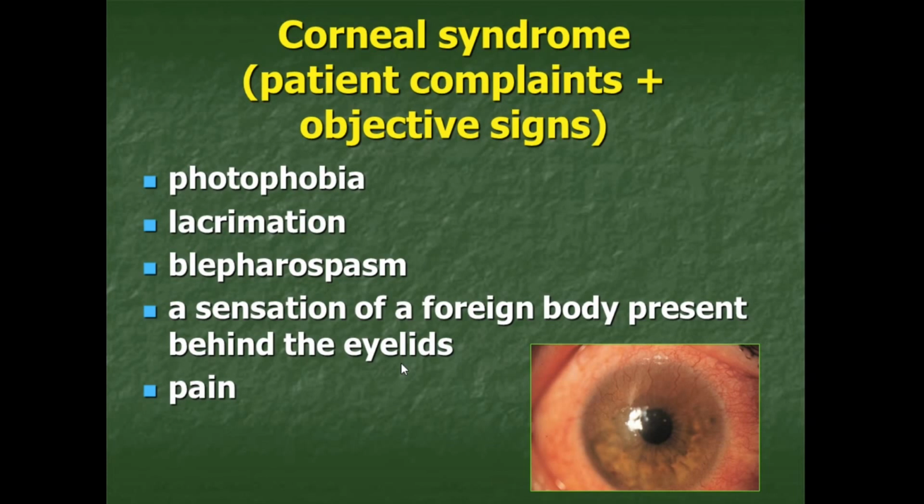You will see in your textbook and in specific ophthalmological literature the words corneal syndrome. Corneal syndrome is a syndrome which characterizes all types of keratitis. And corneal syndrome includes patient complaints and objective signs.